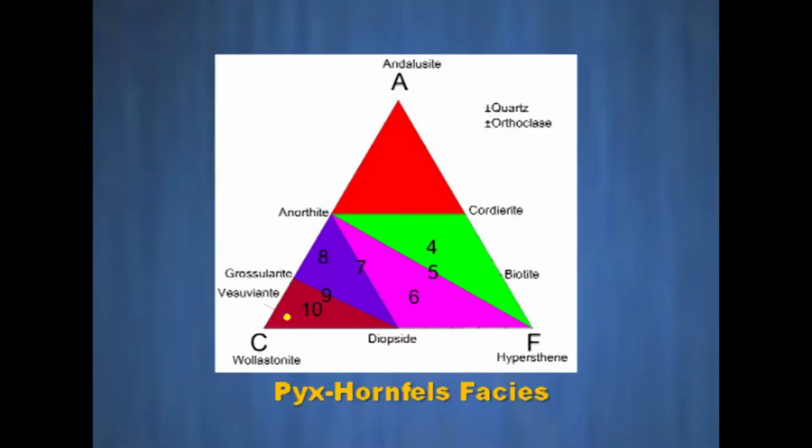And next important assemblage is diopside, grossularite, and so on. It has been originally assumed, following Goldschmidt in 1911, that grossularite plus quartz is stable in the pyroxene hornfels facies.